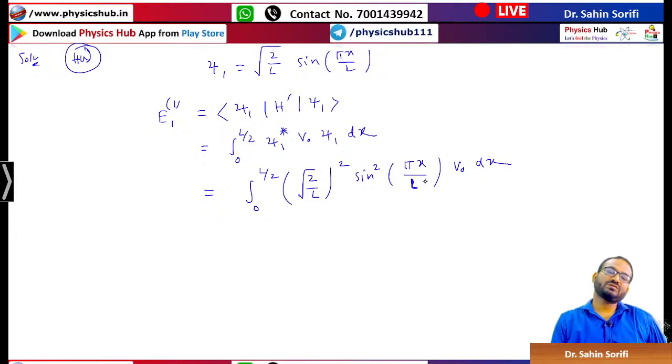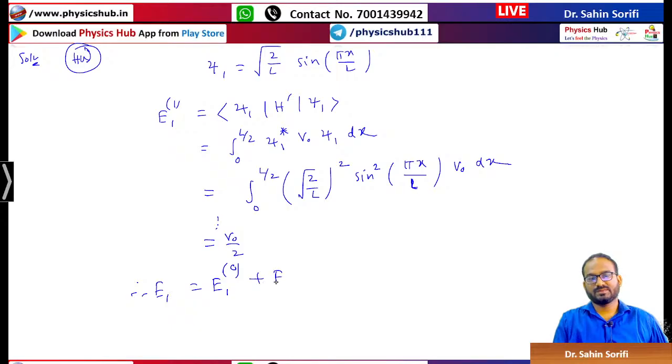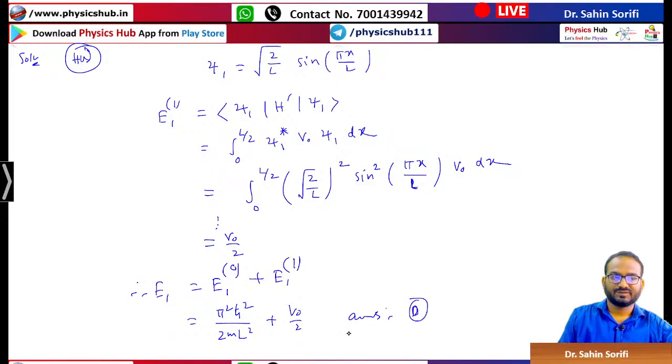Then you use 2 sin square theta equals 1 minus cos 2 theta, and you will calculate it. After doing some steps, it will give you V naught by 2. Then E1 is the unperturbed part plus the perturbation. So this will become pi square h cut square by twice m L square plus the perturbation V naught by 2. That will precisely match with option D. Okay, you will try it at home.